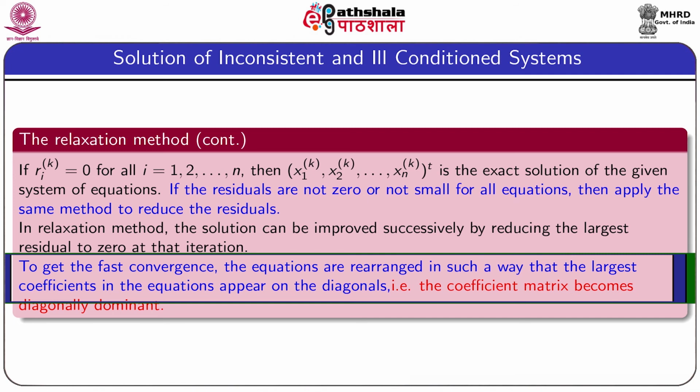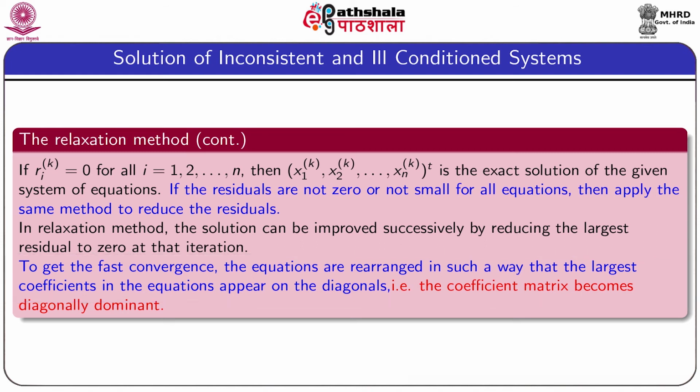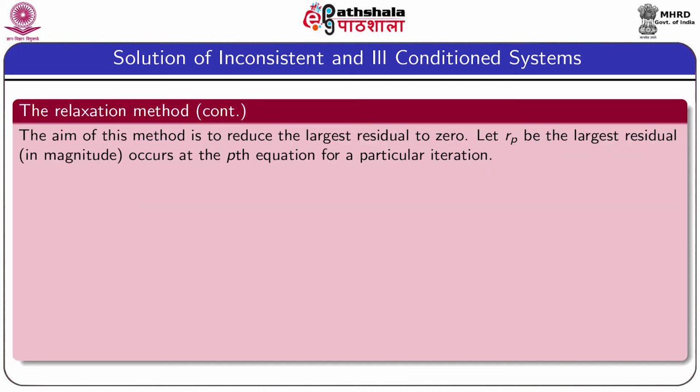To get faster convergence, the equations are rearranged in such a way that the largest coefficients in the equations appear in the diagonals. That means the reduced system of equations is diagonally dominant. The aim of the relaxation method is to reduce the largest residual to 0.